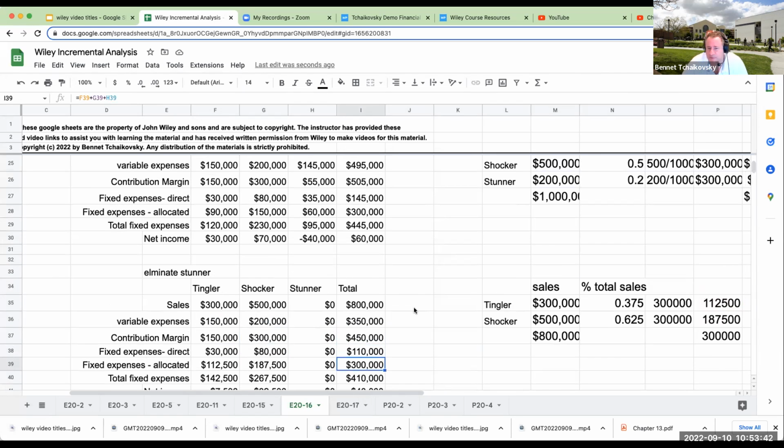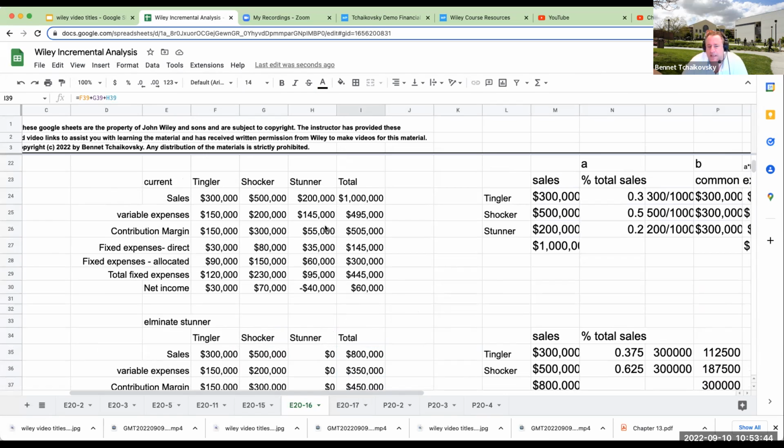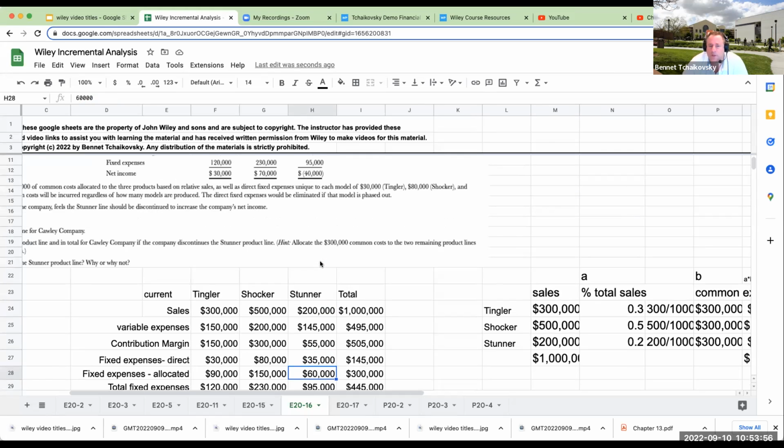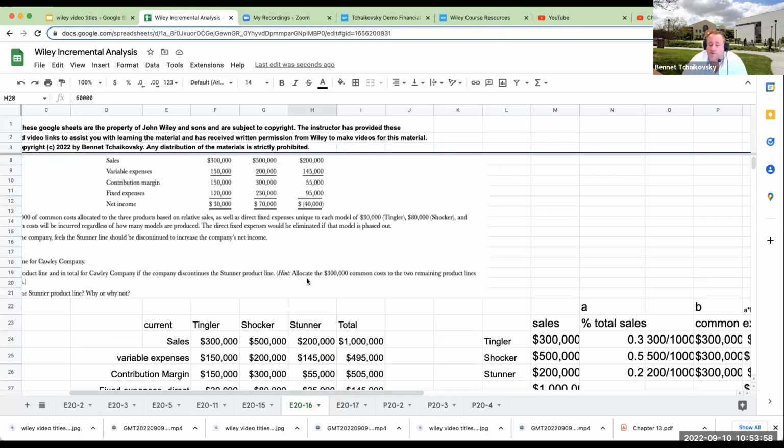So when I look at this business here, even though my fixed expenses are going away, just think about this. This has to be absorbed by somebody no matter what. So just be careful when you see a negative number. Don't immediately think that the division has to be eliminated.